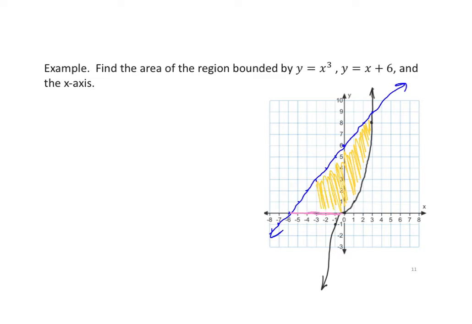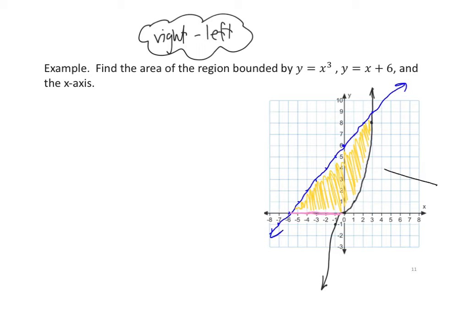Now, using this new idea of, instead of thinking top minus bottom, thinking right minus left. So if we want to think of right minus left and putting x in terms of y, we need to think about what is x cubed as a function of y rather than a function of x.